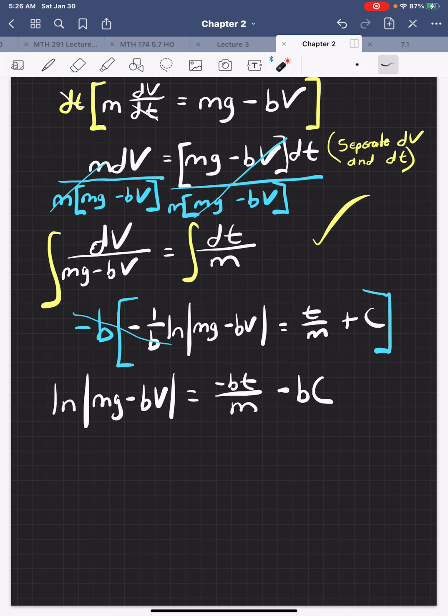Again, our goal is to get v by itself. So how are we going to do that? v is stuck inside of a natural logarithm. Well, we are going to exponentiate both sides. Just like you could take log of both sides, you could take ln of both sides, you can exponentiate both sides, which is exactly what I'm going to do here.